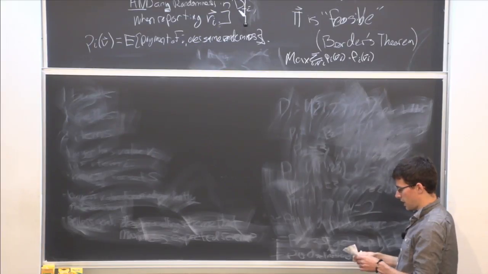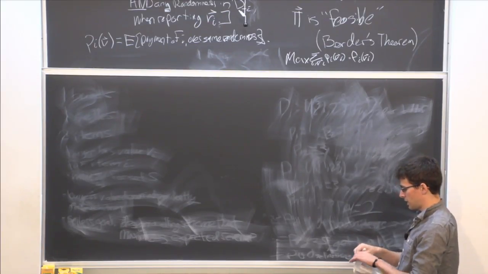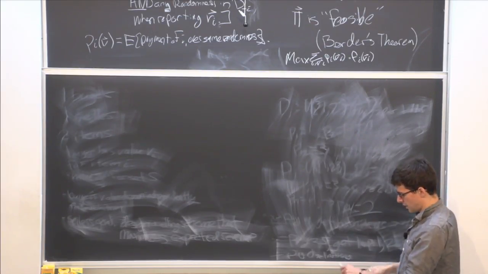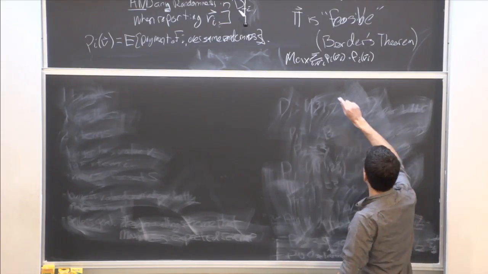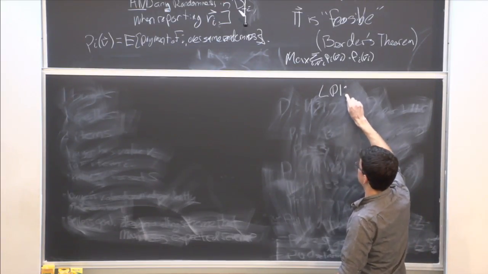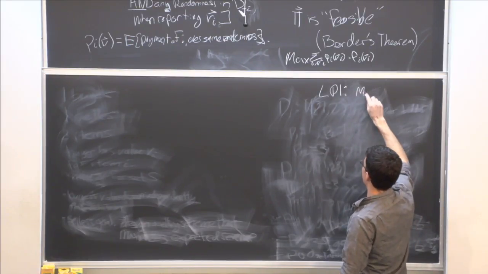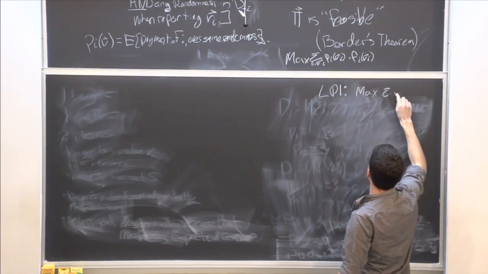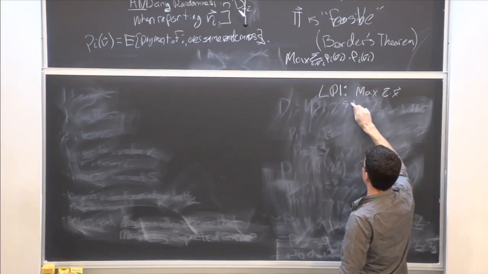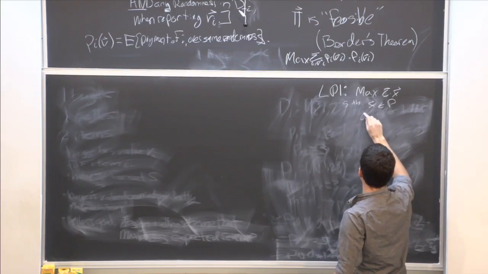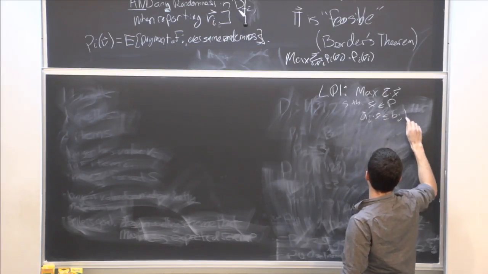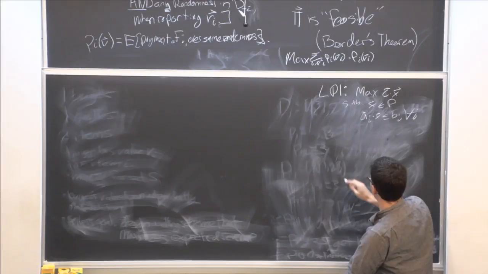So let me just quickly, just in case not everyone's familiar with what I mean, write some quick duality preliminaries. Let's say I have some LP and I write it as max c dot x subject to x in P and a_i dot x less than or equal to b_i for all i.